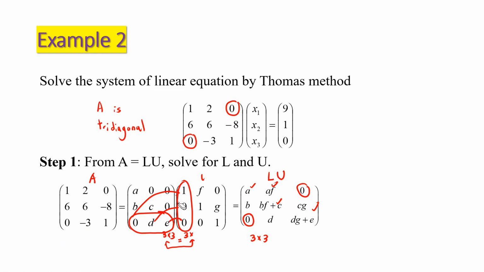Second column: 0 times F, 0, D times 1, E times 0, so it's D. Third column: 0 times 0, D times G, E times 1, so DG plus E. So this is the product of LU.